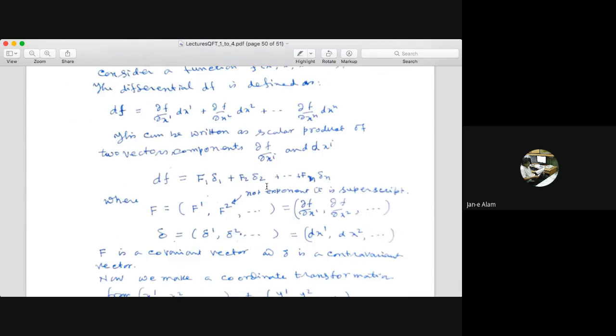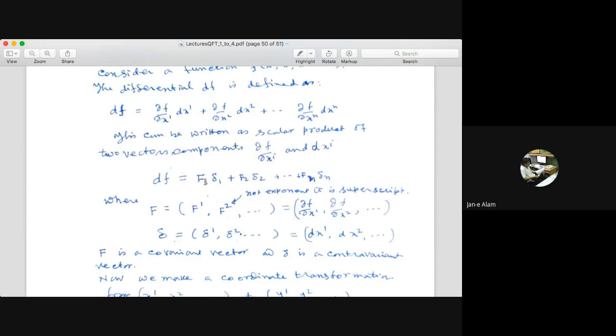I can write this total differential as f1 delta1 plus f2 delta2 and so on, where f1 is the derivative of f with respect to x1, f2 is the derivative of f with respect to x2, and so on, and delta1, delta2, etc. are dx1, dx2, dxn.